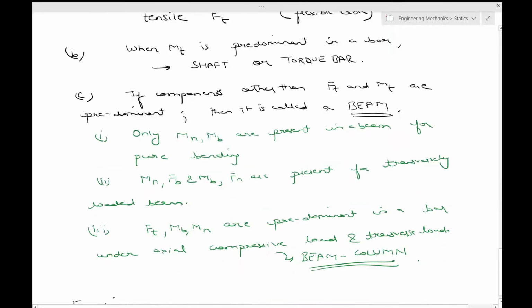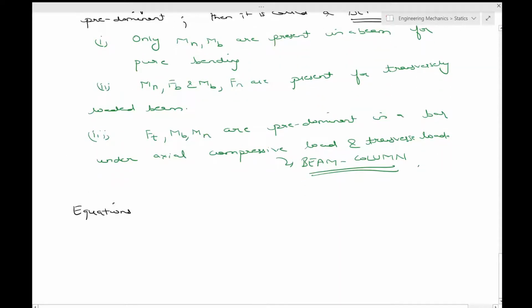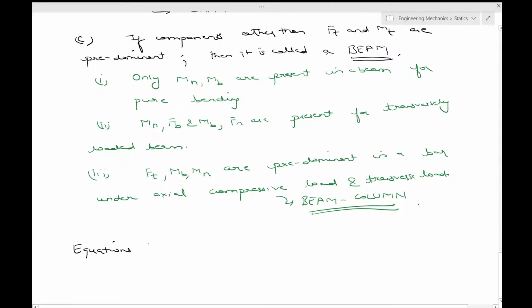Again, just like any case of statics, we require the equations of equilibrium of a straight bar.